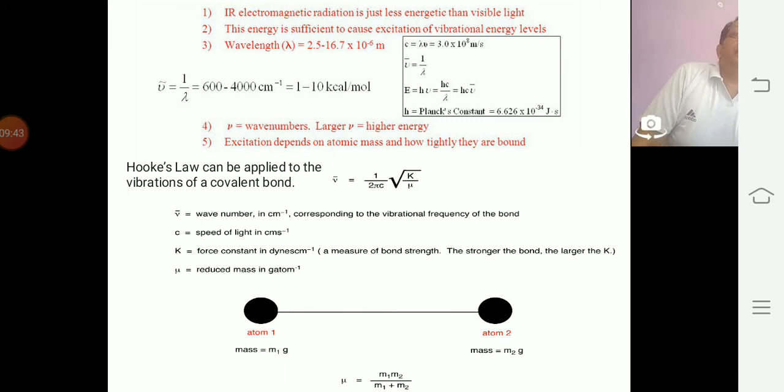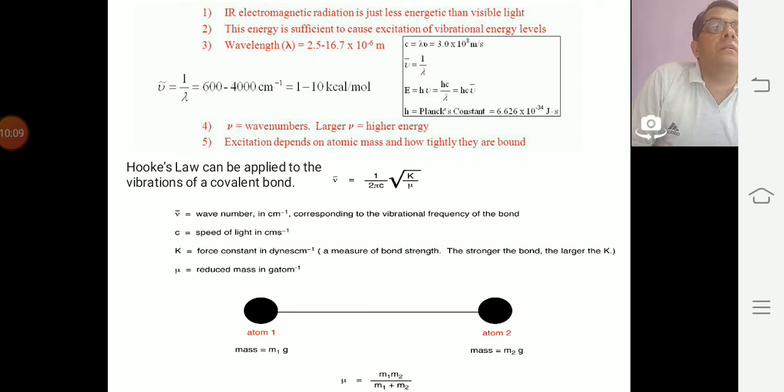Hooke's law can be applied to the vibrations of a covalent bond. Here the wave number equals 1 upon 2 pi c times the square root of k upon mu. Here c is the speed of light in centimeters per second, and K is the force constant in dynes per centimeter, a measure of bond strength.